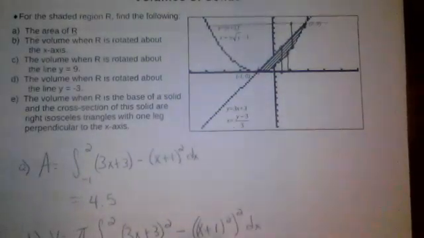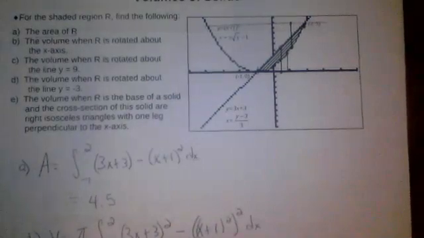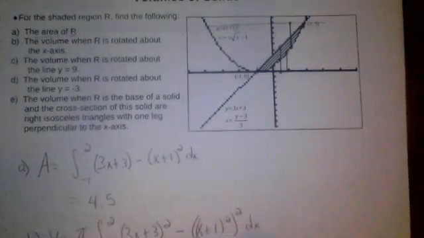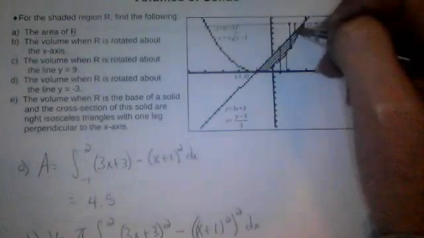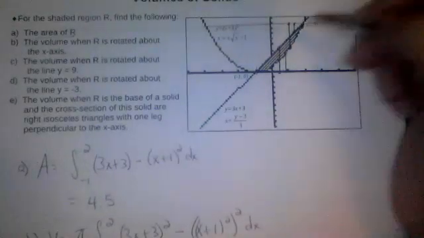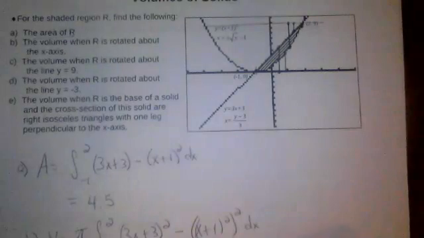So this time, still disk, we're going to have 9 minus x plus 1 squared, minus, and then we're going to take away the smaller one, which is going to be 9 minus the line for that radius.